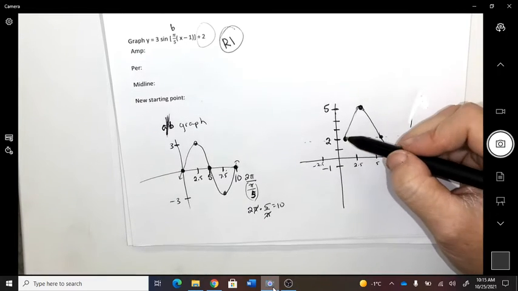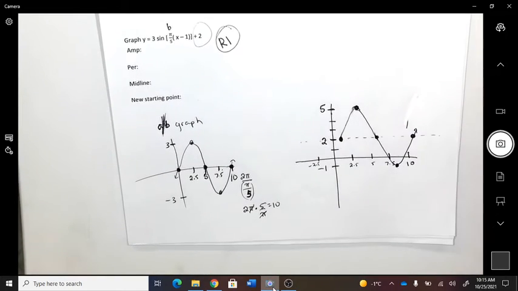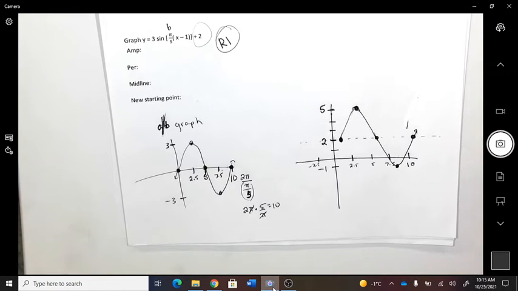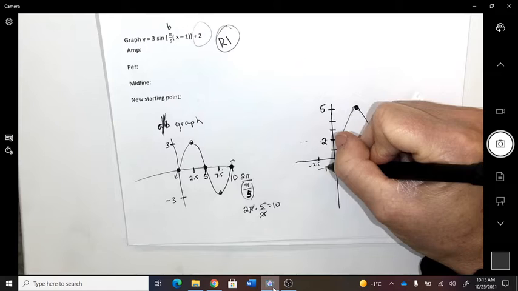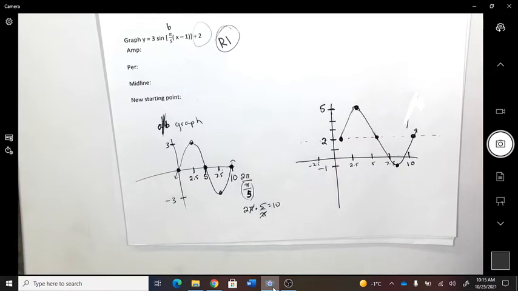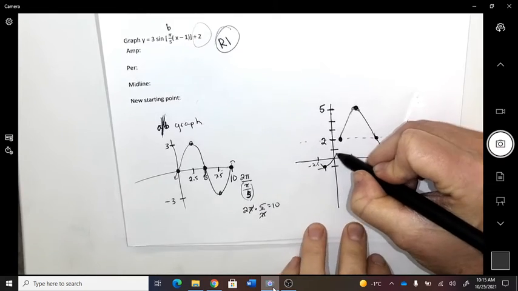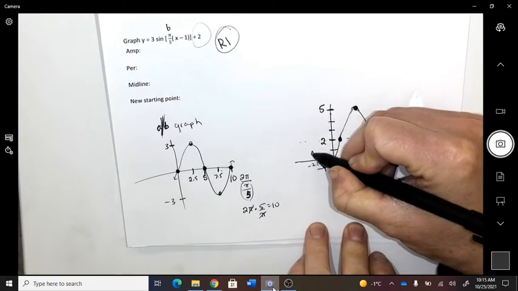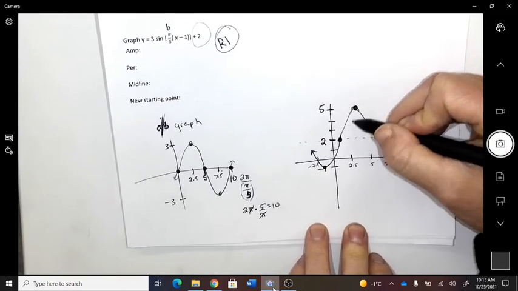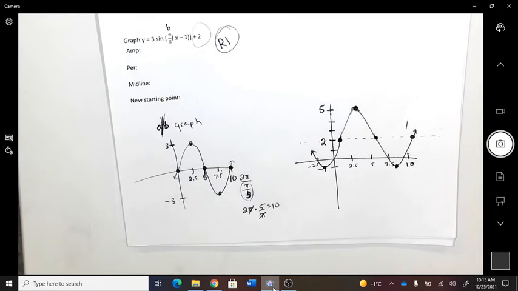Anybody know what the x value would be? Negative 1.5? Because before that, x value would have been a negative 2.5. So now it's negative 1.5.